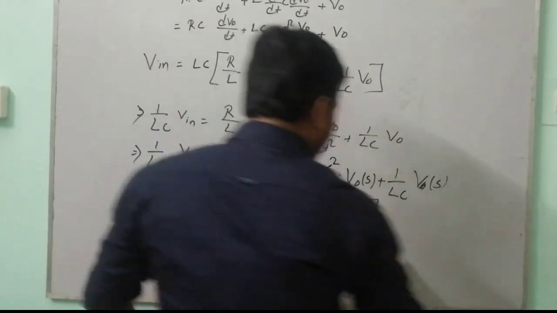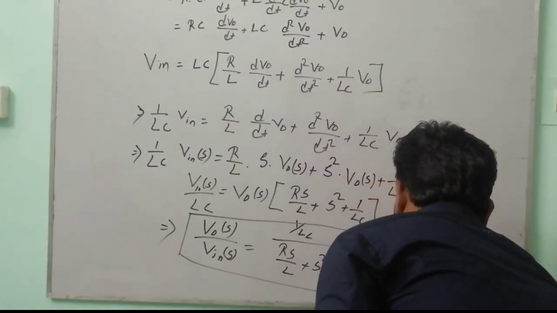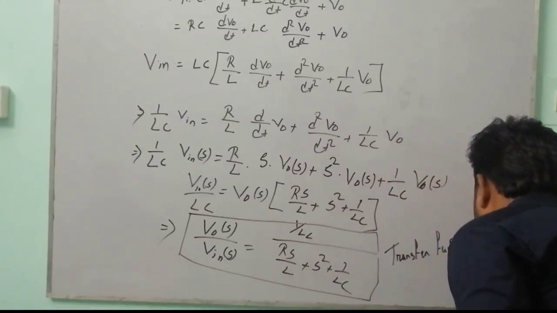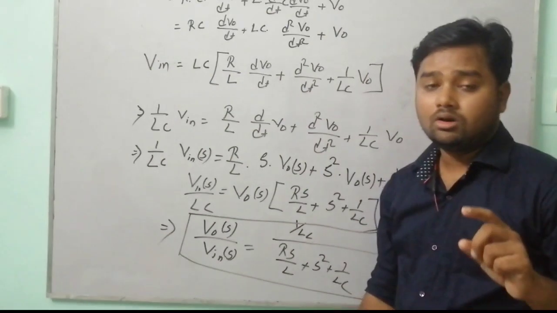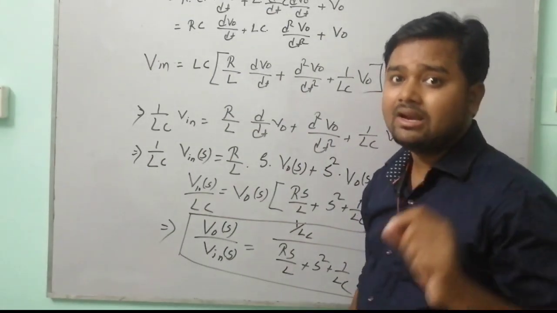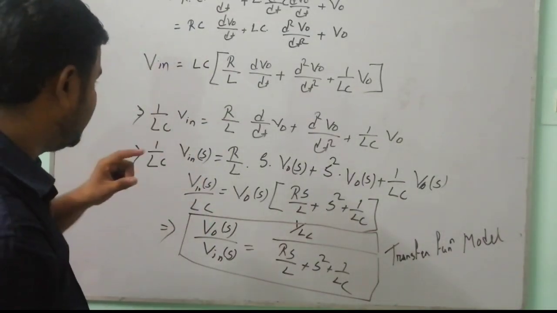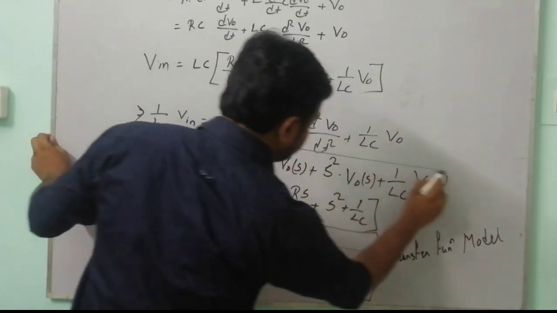That means it is the transfer function model of control system. And another point is the differential equation model of a control system, which is this one, 1 by LC, this equation.